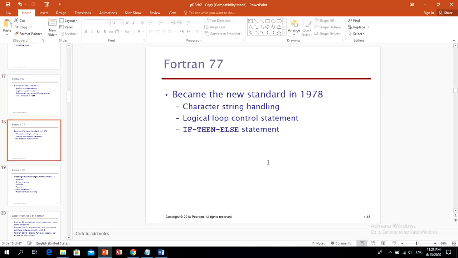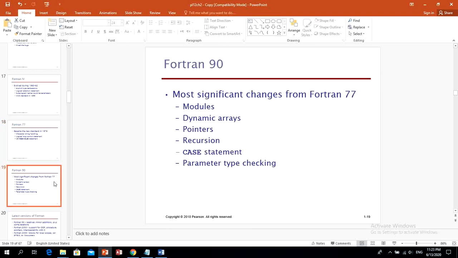Fortran 77 became the new standard in 1978. It has character string handling. Also, it uses logical loop control structures, different types of loops, and the first introduction of if-then-else statements. Fortran 90 has more significant changes from Fortran 77 because it includes modules, dynamic arrays, pointers, recursion, and also the introduction of the case statement.